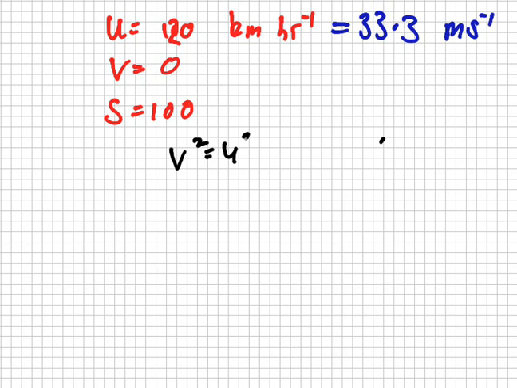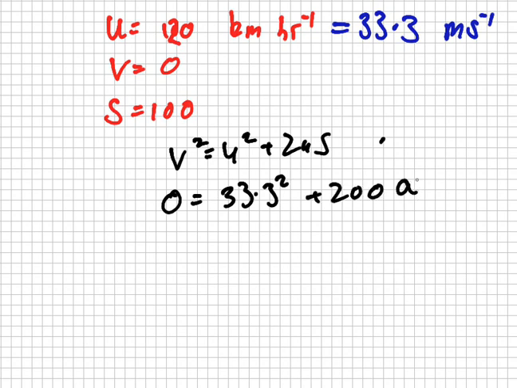I can use V squared equals U squared plus 2AS. 0 equals 33.3 squared plus 200A, because it's 2 and an S there. So I got A is minus 5.54 meters per second squared.